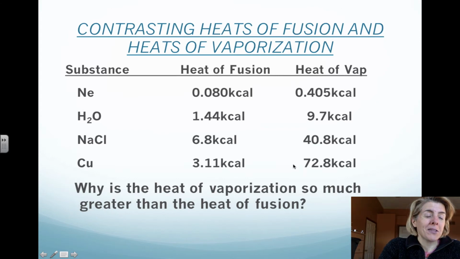It's mostly because of the strength of attraction. When you look at fusion, we're talking about solid versus liquid. Here we're looking at liquid versus gas. The attraction within the liquids is so much higher than it is with gas. And you need to put a lot of energy into the system to become a gas, to break those bonds of attraction.